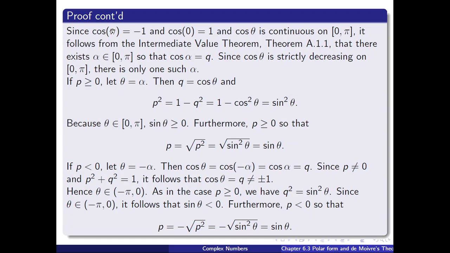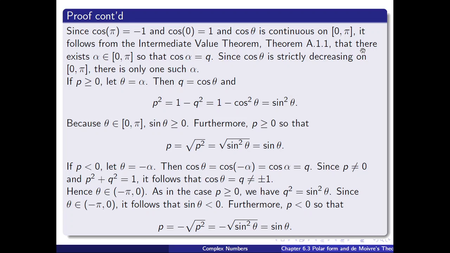But now, since cos pi is equal to minus 1, cos 0 is equal to 1, and cos theta is a continuous function on [0, pi], it follows from the intermediate value theorem, and that's theorem A.1.1. So we know what the intermediate value theorem says.